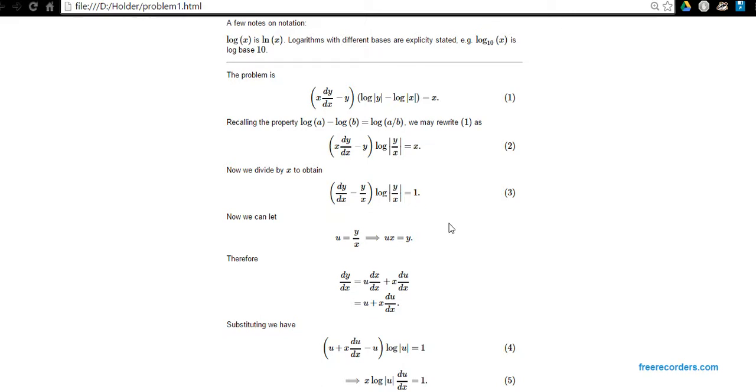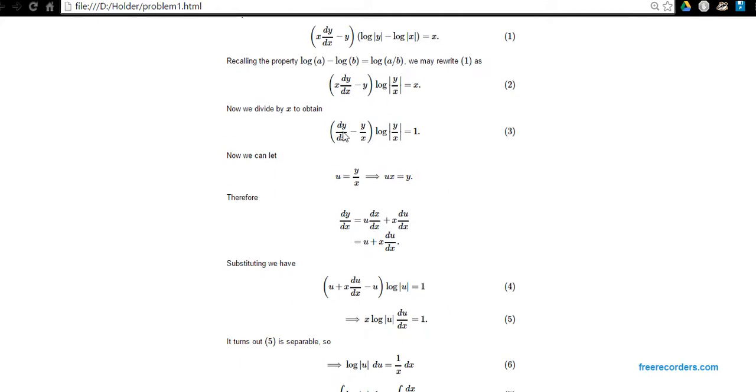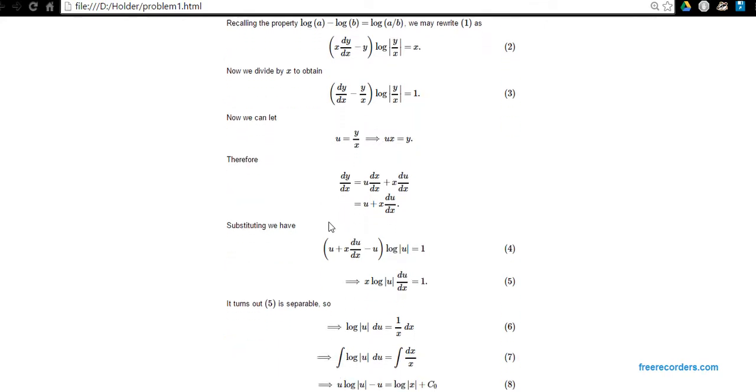And now, since I have a y over x and a y over x, I'm just going to substitute u equals y over x, which means ux equals y, by moving that x up. And by the product rule of differentiation, we have dy/dx equals u times dx/dx, which is just 1, plus x du/dx, equals u plus x du/dx.